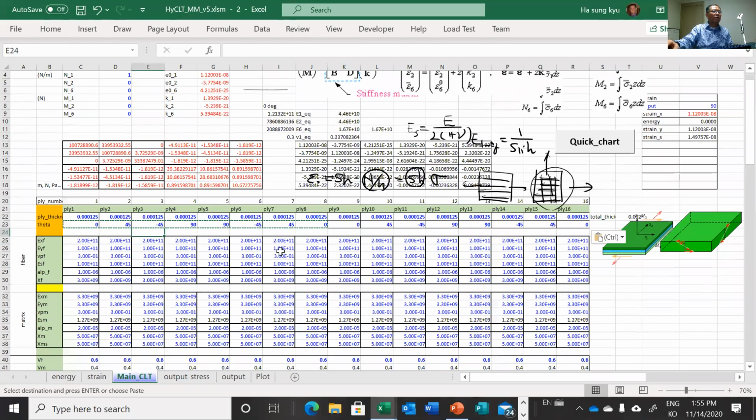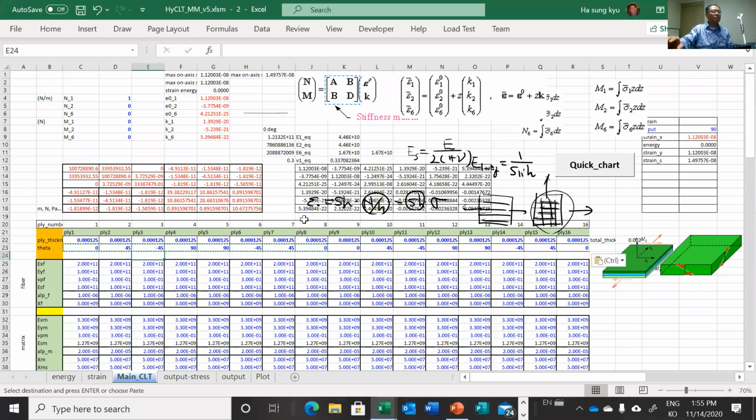Isotropic means that in every direction we apply load, the stiffness will be the same. In real structures like airplanes, they use this isotropic layout a lot.